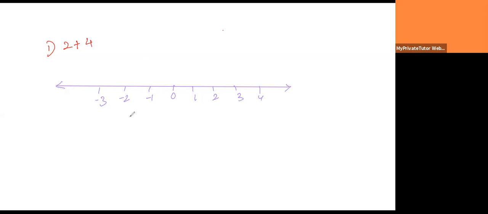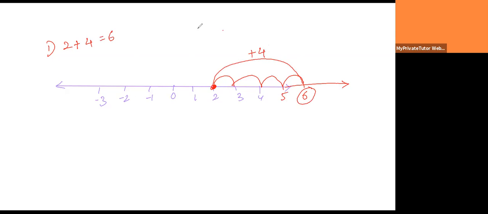So 2 plus 4, this is a 2. We are going to add 4 to 2, which means we are adding, so obviously it goes to the right side. So 1, 2, 3, 4. If we extend this, this is a 5, this is a 6. So we are adding 4 here, 1, 2, 3, 4. So 2 plus 4 is nothing but the answer is 6.